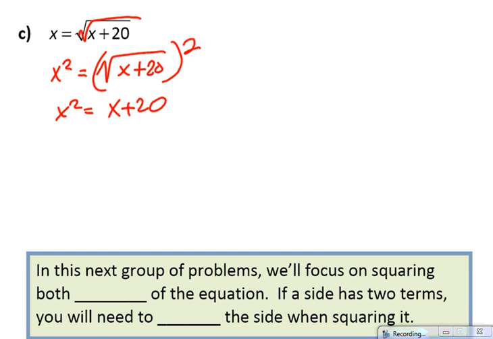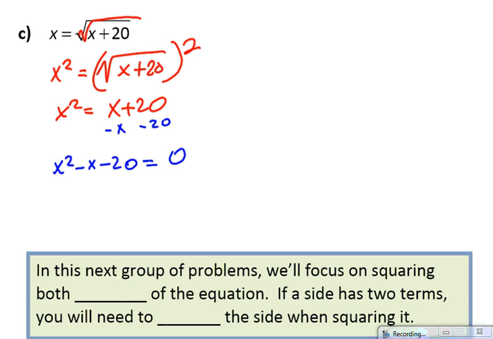And if I have a quadratic, in order to solve it, I need to get a 0 on one side, and then I'm going to factor it. So let's subtract our x and subtract our 20. So we get x squared, subtract x, subtract 20 is equal to 0.